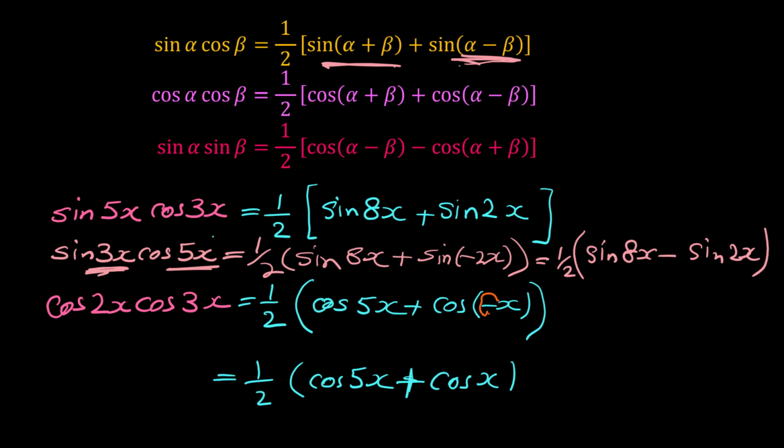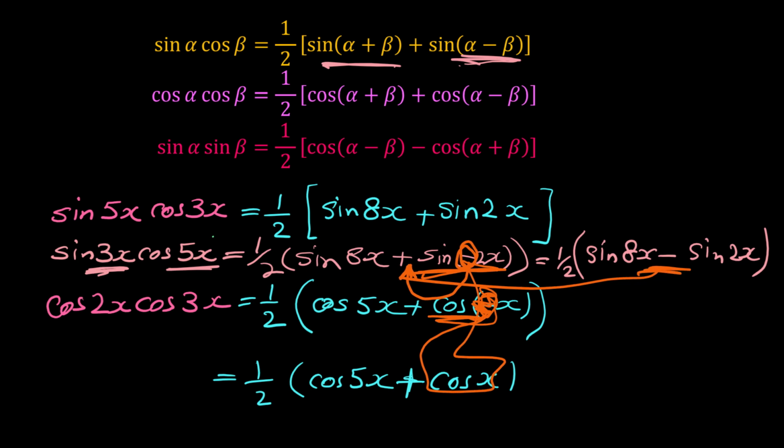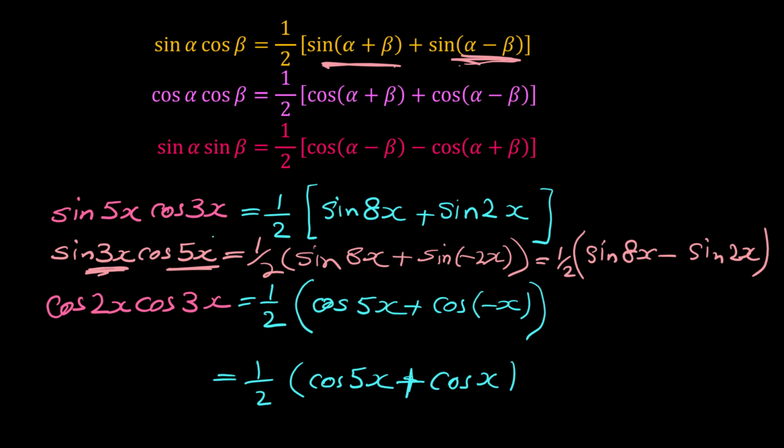When we have a negative for cosine, ignore it. It's not important. But when it's sine, because sine is odd, you cannot ignore this negative. You have to bring it out and put the negative here. Now you can see the difference between sine and cosine in these formulas. If you have a negative for cosine, ignore it. But if it is sine, bring the negative out of the bracket and put it outside.